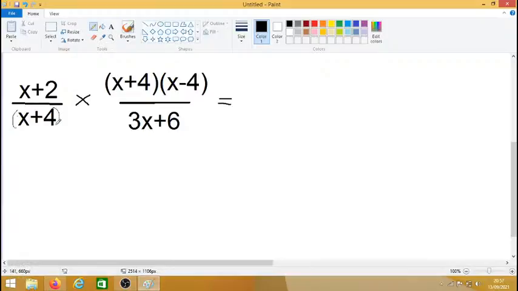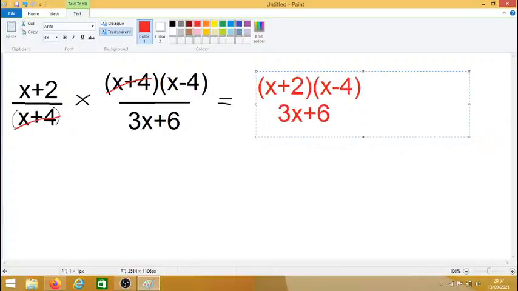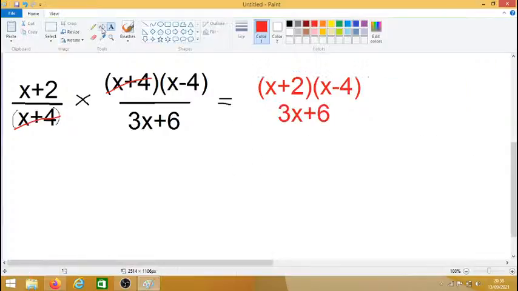We've got an x plus 4 and an x plus 4 which we can cancel, and now that should look good to multiply. X plus 2 on the top multiplied with x minus 4 on the bottom, and just your 3x plus 6. And that's your final answer.